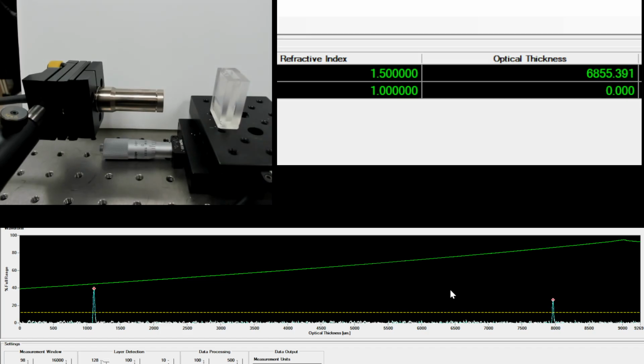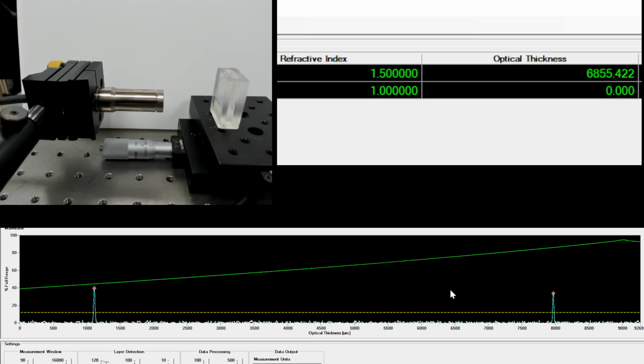So any one where that peak disappears is averaged in with the other ones, and it looks like it's going to settle in at 6,855.